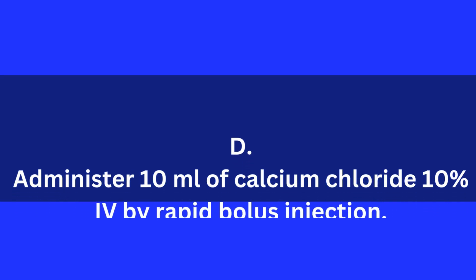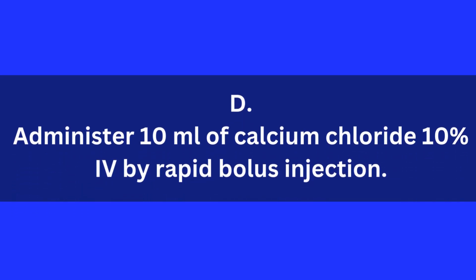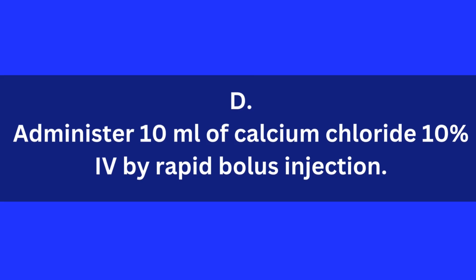Option D, administer 10 ml of calcium chloride 10% IV by rapid bolus injection. Option D is the correct answer. Here is why. Calcium chloride works immediately to stabilize the cardiac membrane.